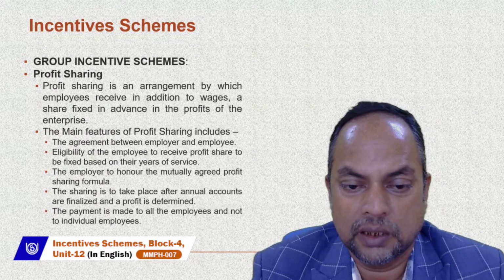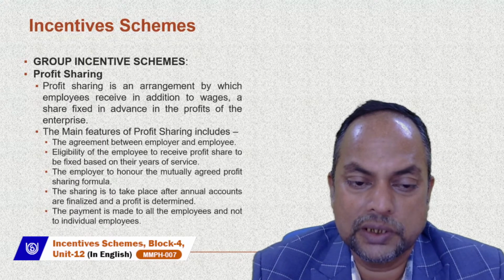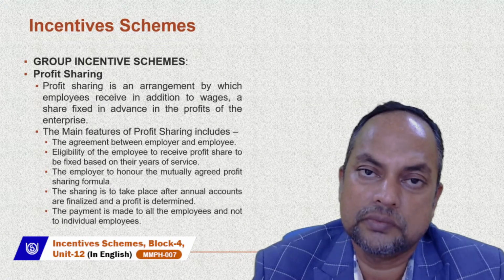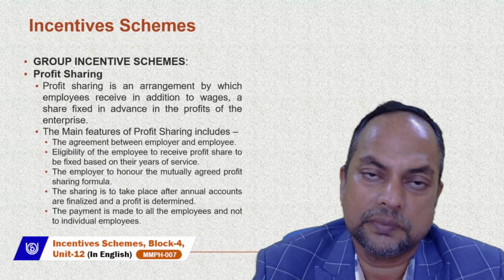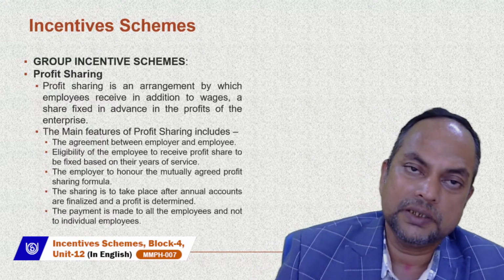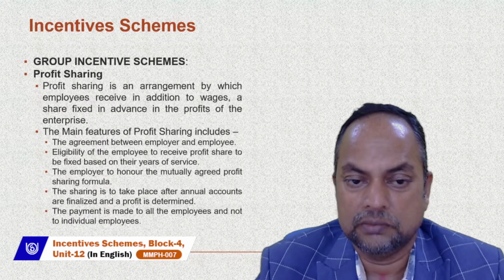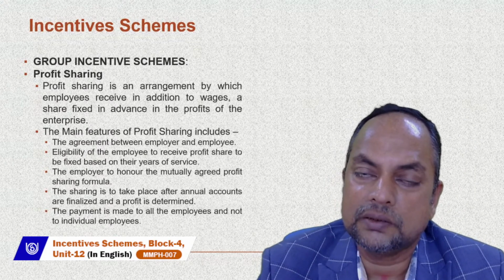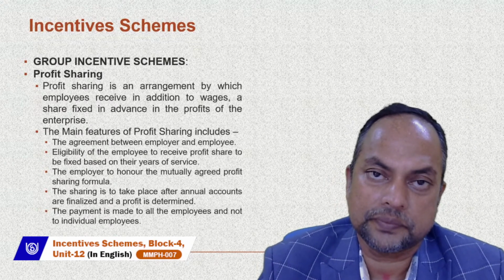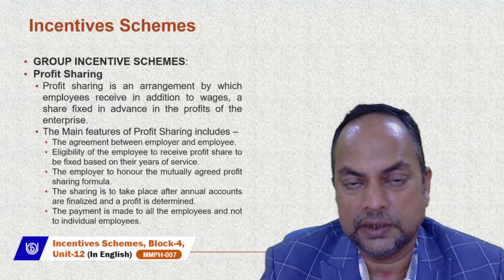But mostly, calculation of the profit is the first step of carrying out this profit sharing scheme. So it is administered after the accounting year closes and the gross profit and net profit of the organization is declared.